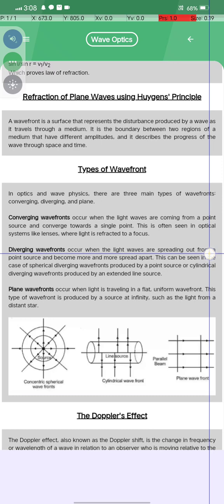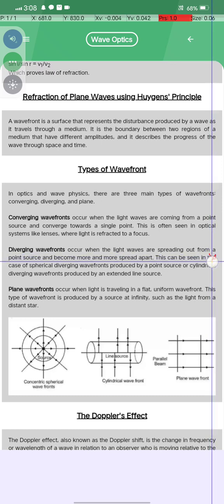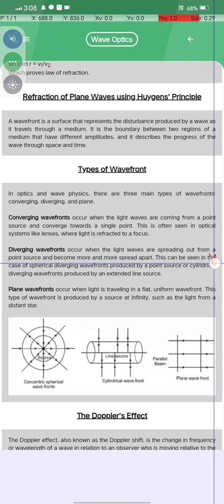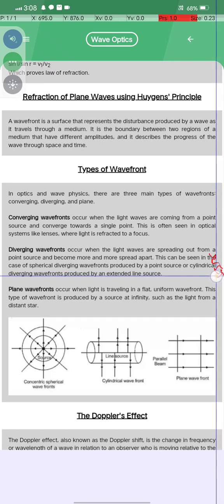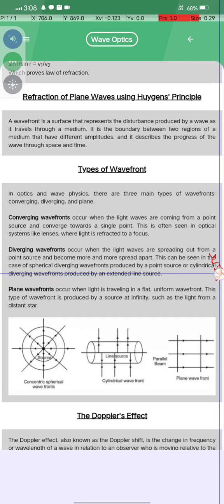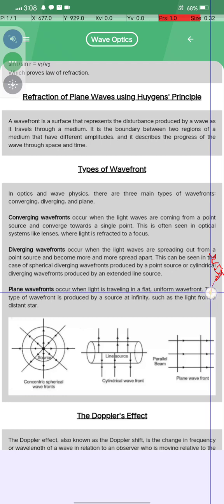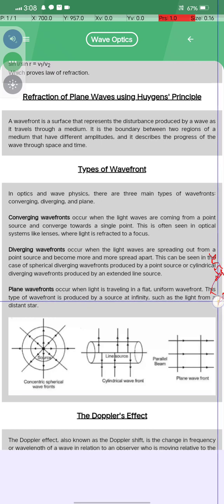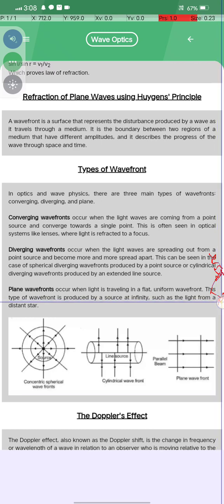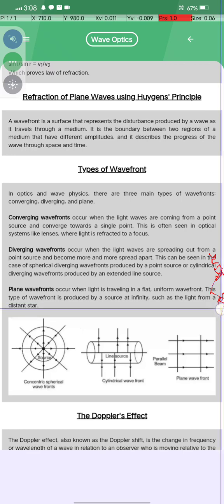This occurs when the light waves are spreading out from a point, and this can be seen in the diverging wavefront produced by a point source, or a cylindrical diverging wavefront produced by extended line sources. The plane wavefront occurs when light is traveling in a flat and uniform wavefront, and this type of wavefront is produced by a source at infinity, such as light from a distant star.